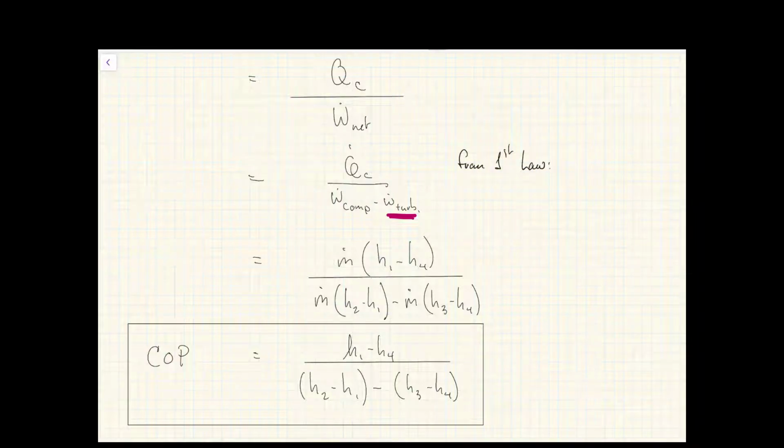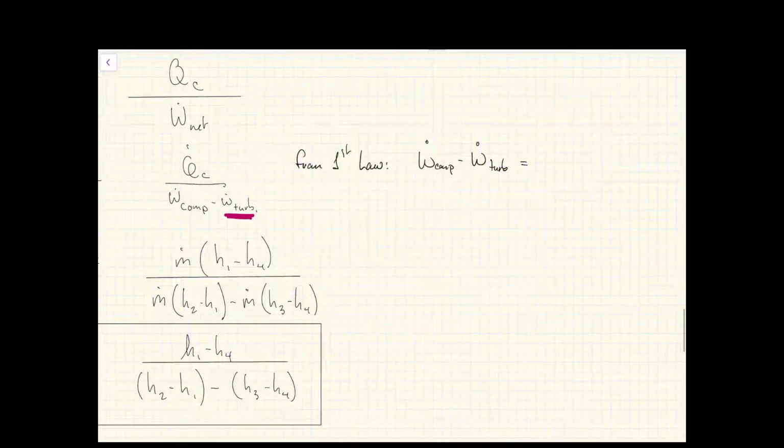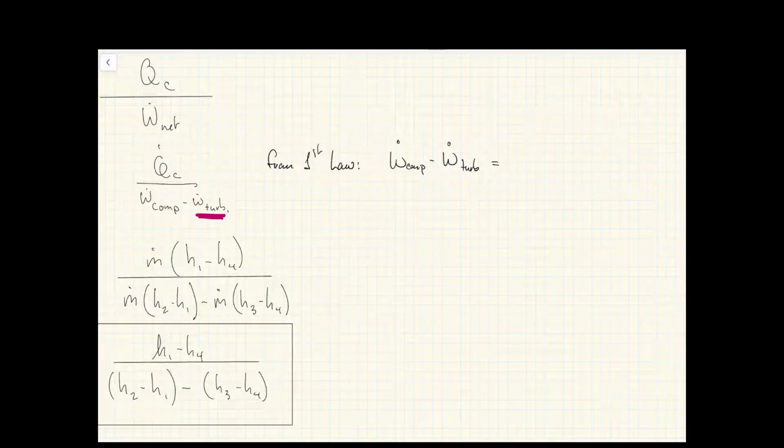As we've done previously, I could have said that work compressor minus work turbine, again, those are rates, they're not strictly work, it's more like power, that is equal to Q dot out minus Q dot in. Remember that out here is higher than in.